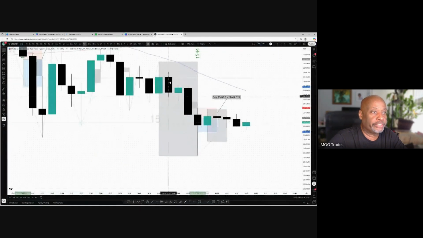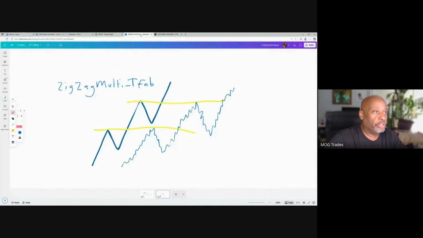That's your higher time frame market structure. Your lower time frame is here. If you're a scalper and you are scalping, then you can trade this market structure. But if you're not, yeah, not a good idea, because you will get messed up.